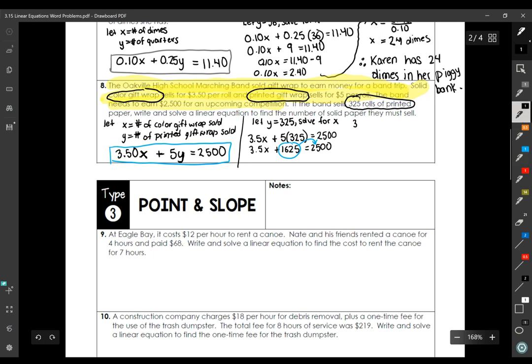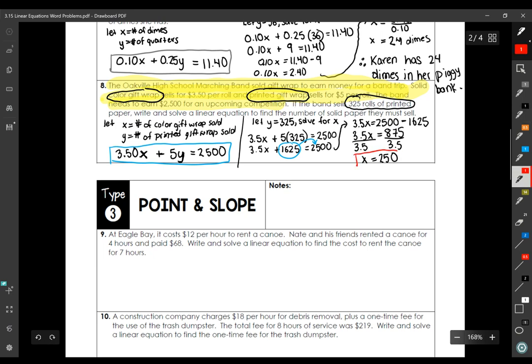We're going to get 3.5 times x is equal to 2,500 minus 1,625. If I subtract that, I'm going to get 875. Last step, right? Divide both sides by 3.5. That's going to give me x equal to 250.